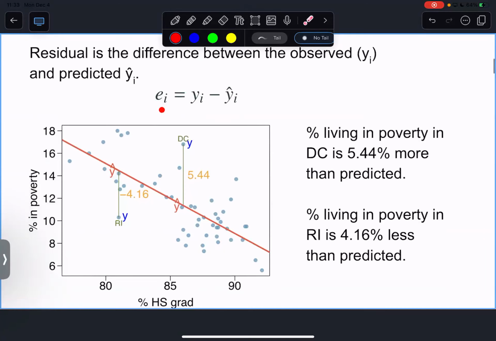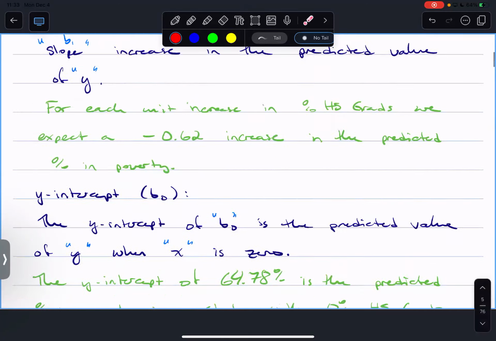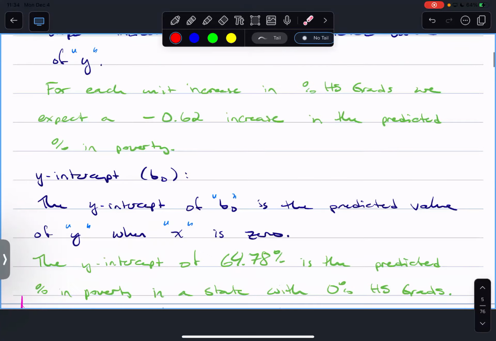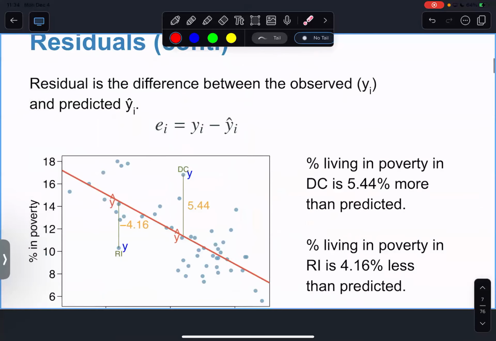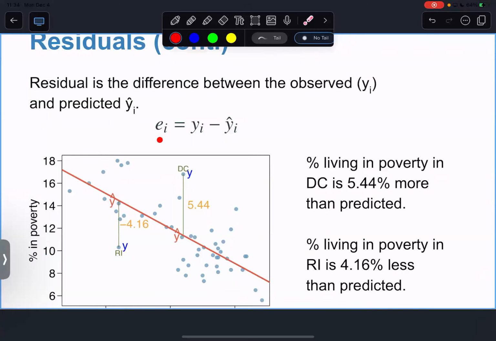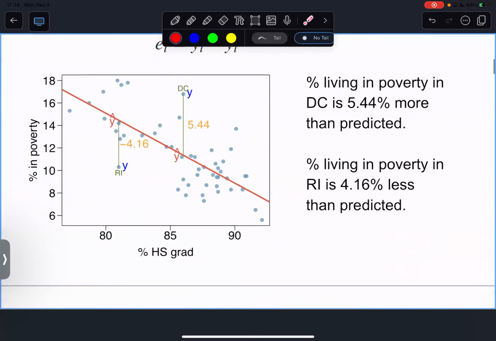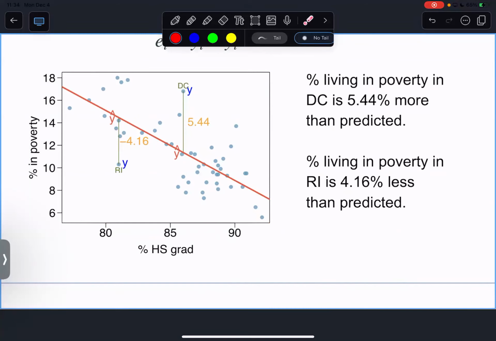So we've got the residuals, which are on your formula sheet. The residual is the observed y minus the predicted y, or we can use E for the error. Observed y minus the predicted value of y, and we can calculate these residuals.